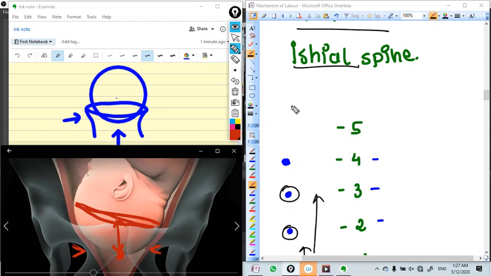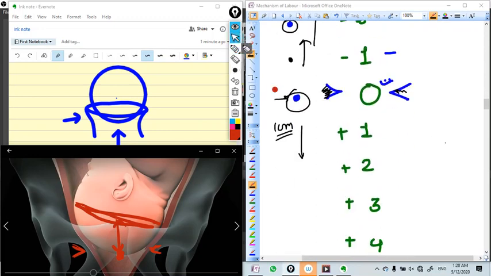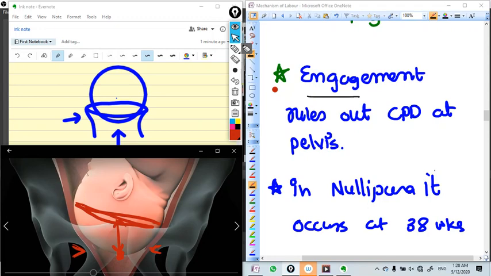Now I want to know the importance of engagement. Whenever engagement happens, that clearly means the head has crossed the inlet. That means there is no cephalopelvic disproportion at the level of inlet.